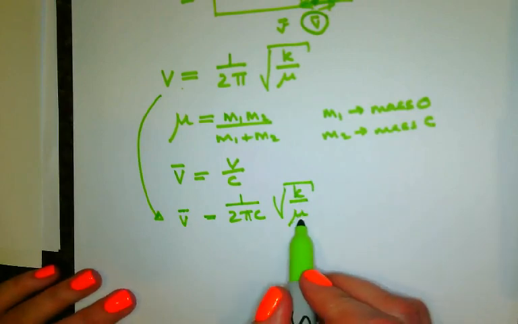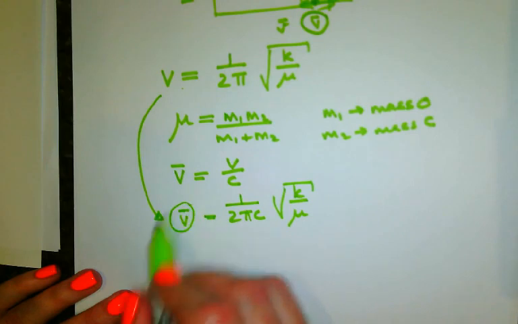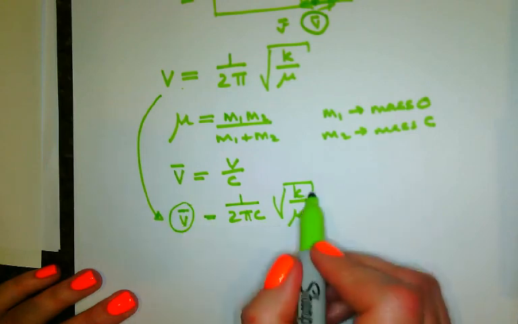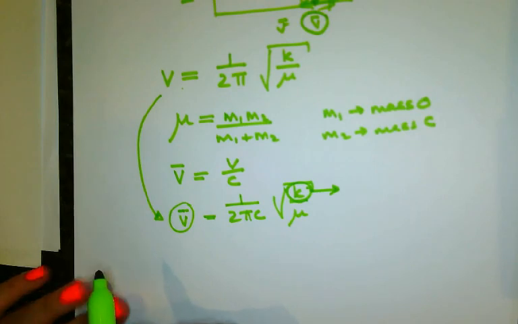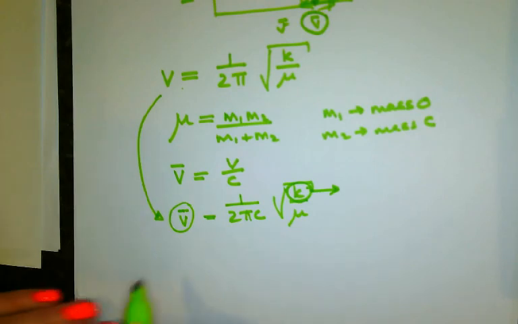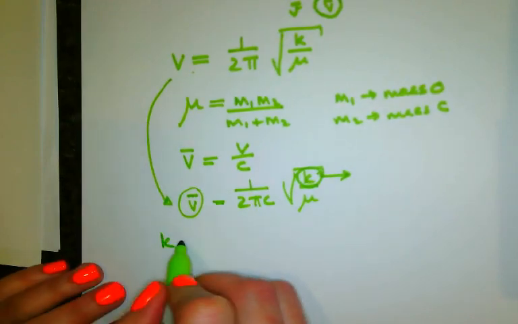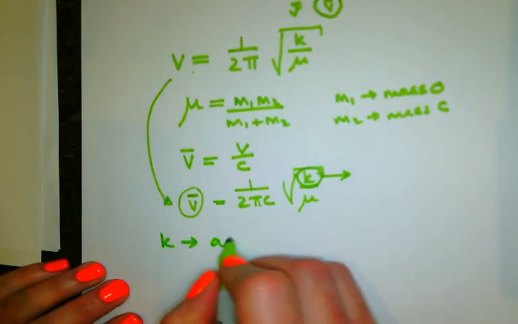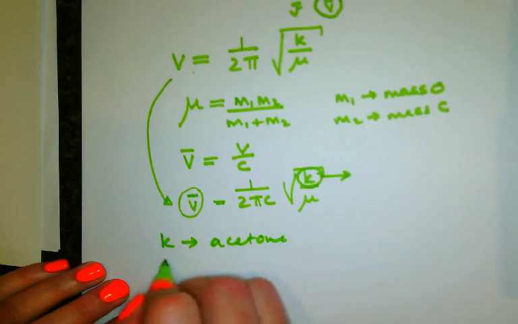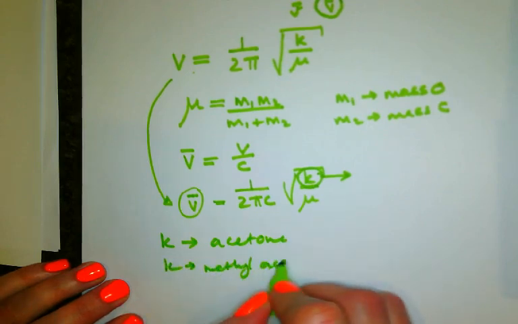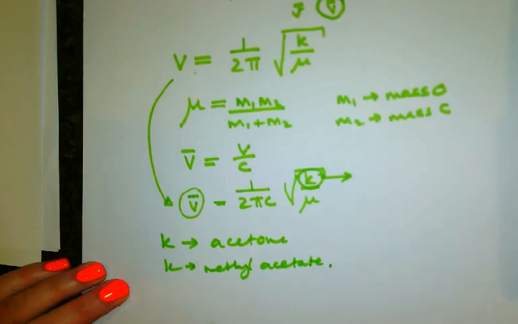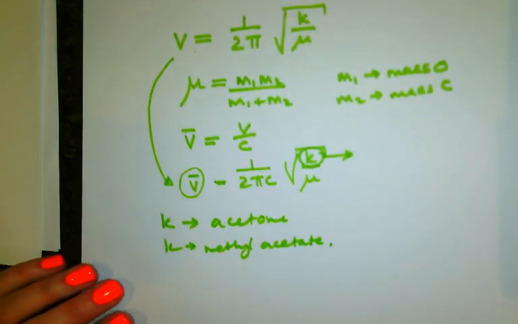So you can get the reduced mass, you have the wave number, so you can get the force constant for each of these molecules that you have measured. So you can get the force constant for each of your compounds, the force constant for acetone, force constant for methyl acetate, and all the other compounds in the series.